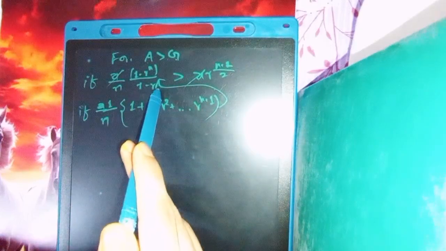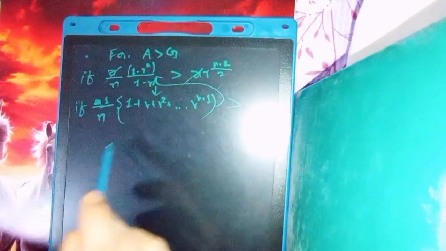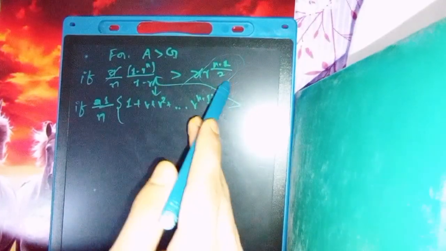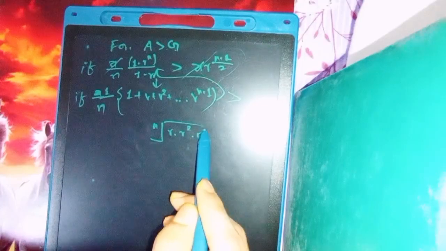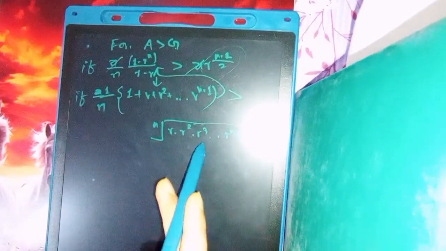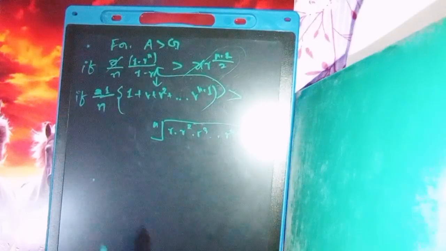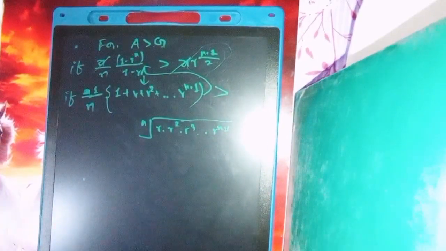We just write this going backward. So this will be greater than this. What is this? This is the nth root of r into r square into r cube going to r^(n−1). This is also the same thing, you just have to apply the formula as we did right now while deriving. You can just watch it from there.